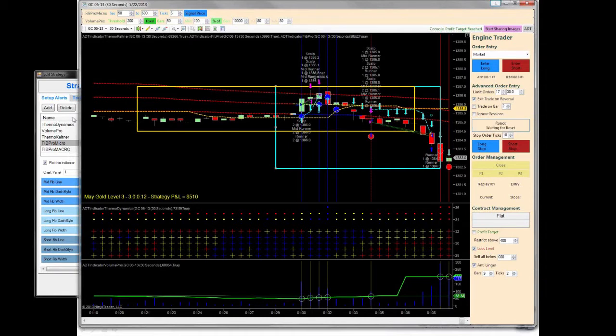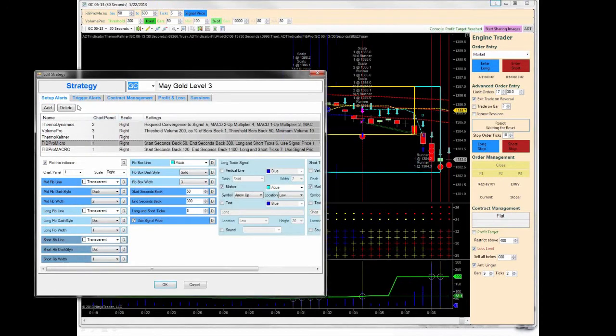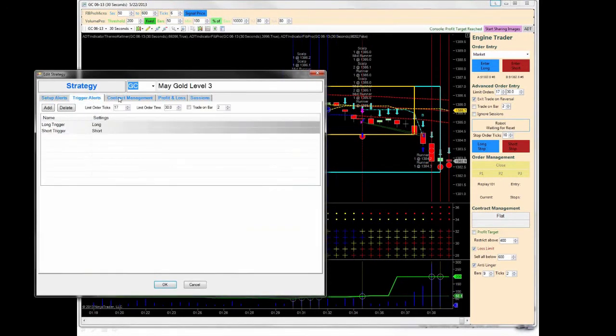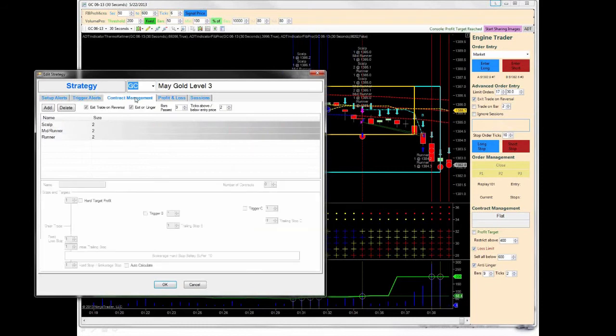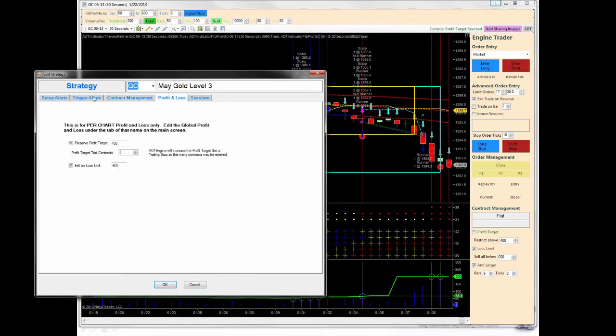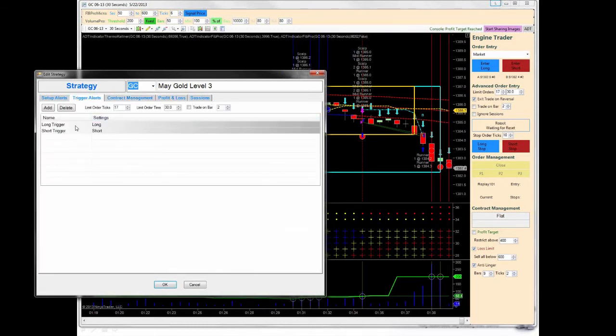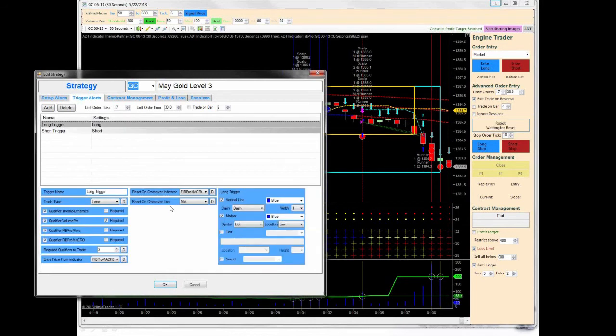Now the reset line is defined over here. I'm sorry, let's see, go back to the trigger alerts. Right here, reset on crossover indicator, the FibPro macro midline. That's what the long resets on.